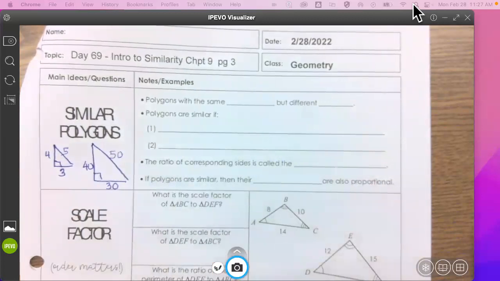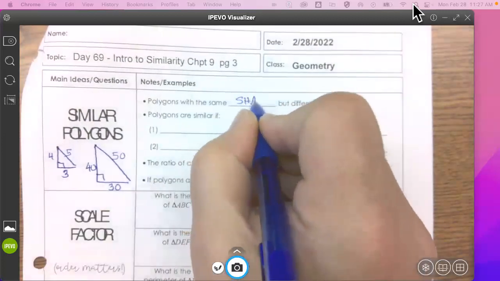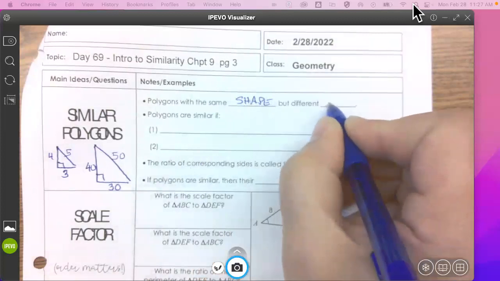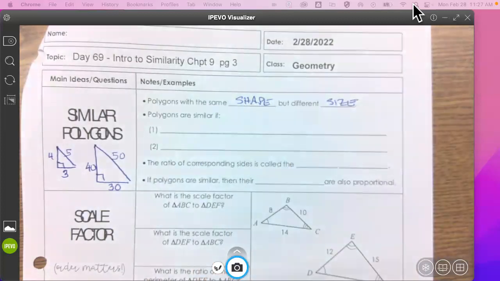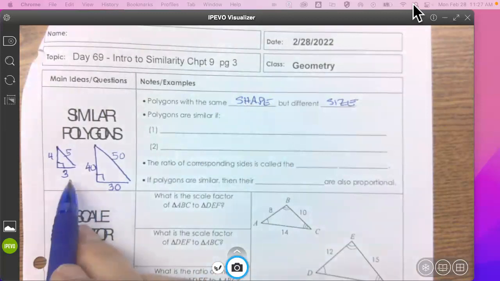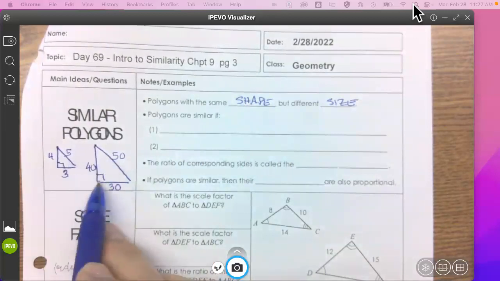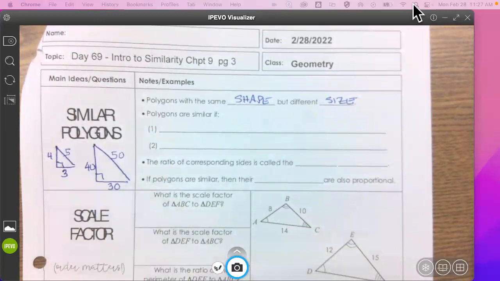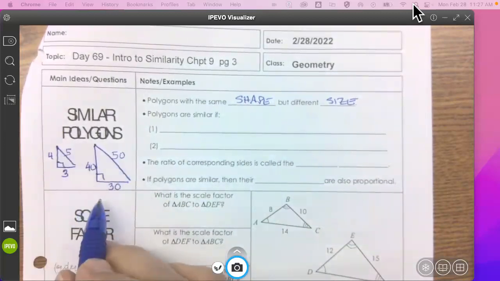So what we're talking about when we talk about similar polygons is that they're the same shape, but potentially different size. Now, you'll notice that when these two triangles are scaled versions of each other, dilations of each other, each of the sides is 10 times as big.